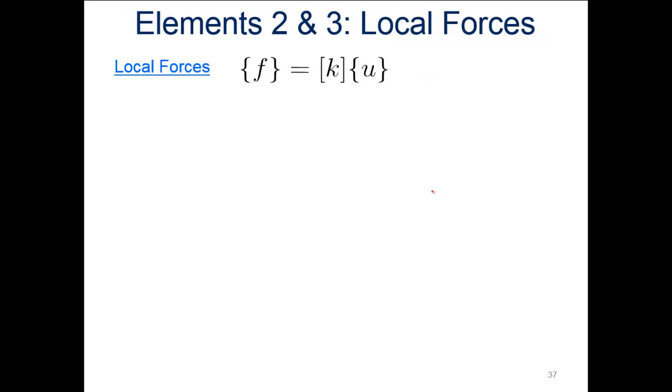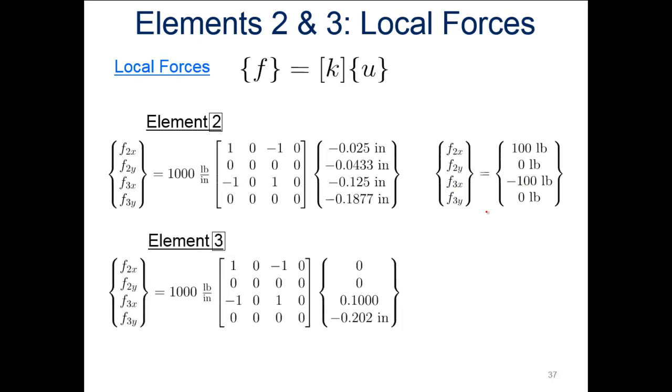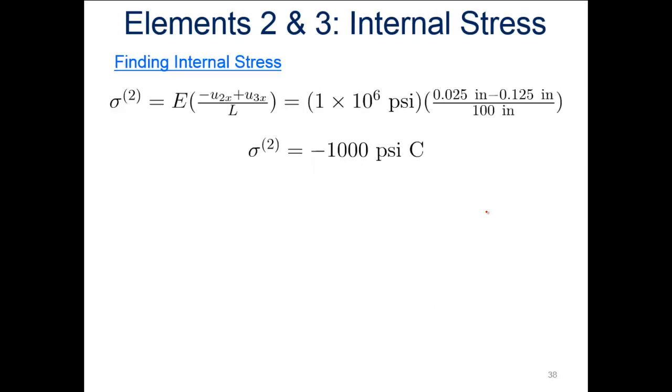And solving for the local forces, right, so substituting for the K matrix and local displacements. Again, K is the same for all of our elements at this point. So we got 100 pounds there at node 2 in the x direction, negative 100 pounds at node 3 in the x direction. And element 3, you can solve for those forces again, negative 100 and 100 pounds.